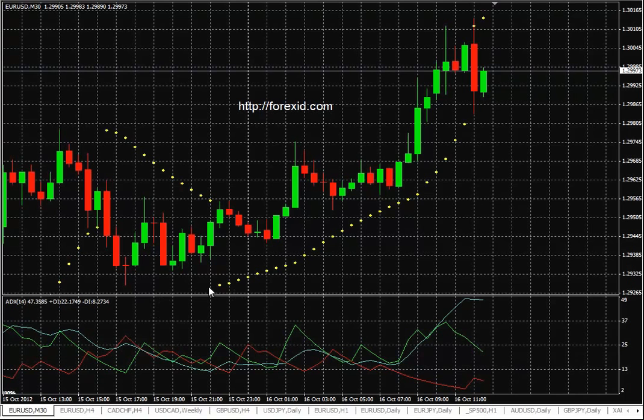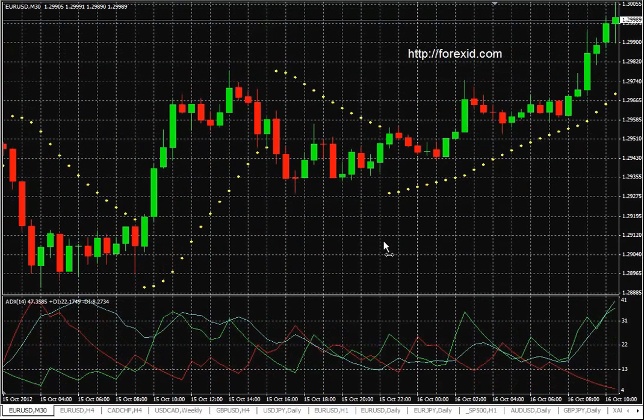So these yellow dots are PSAR. PSAR is a lagging indicator, which means that it gives us reversal signs late. Sometimes it gives the reversal signs early, right here. But sometimes there is a lag, for instance here.